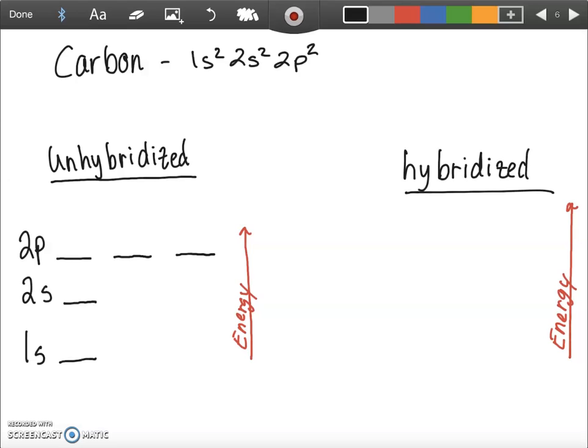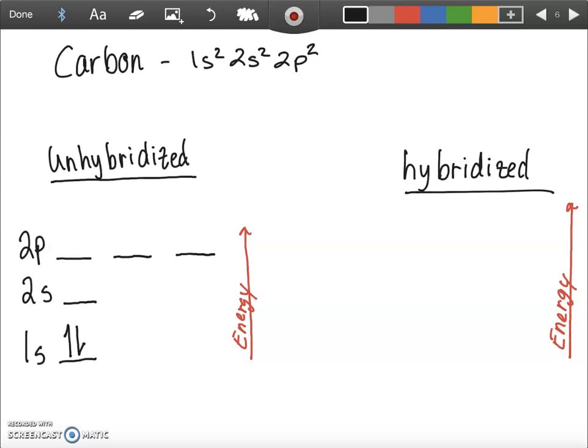If we were to make an orbital diagram right here for an unhybridized carbon, meaning that none of the s and p orbitals are mixing, they are all separate orbitals, we would see that we have 2 electrons starting down here in the 1s orbital, because we fill electrons in based on lower energy levels, and then we have to pair the electrons up before we can move up to the next orbital.